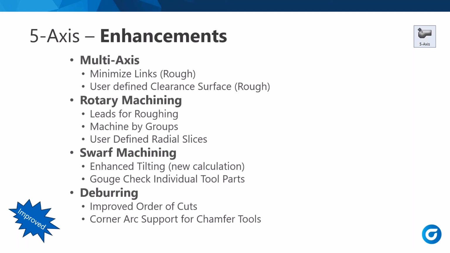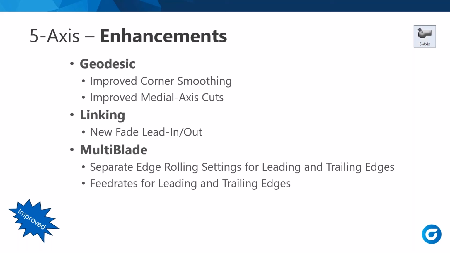For deburring, they've worked on improving the order of cuts, because we know deburring is really more of a pick the part and go deburr it kind of thing and let it automatically go find what it can. So it decides on the order, and we want that to be the most efficient it can be. So that's been improved. Corner arc support for chamfer tools. In geodesic, they've improved the corner smoothing, and they've also improved the medial axis cuts.